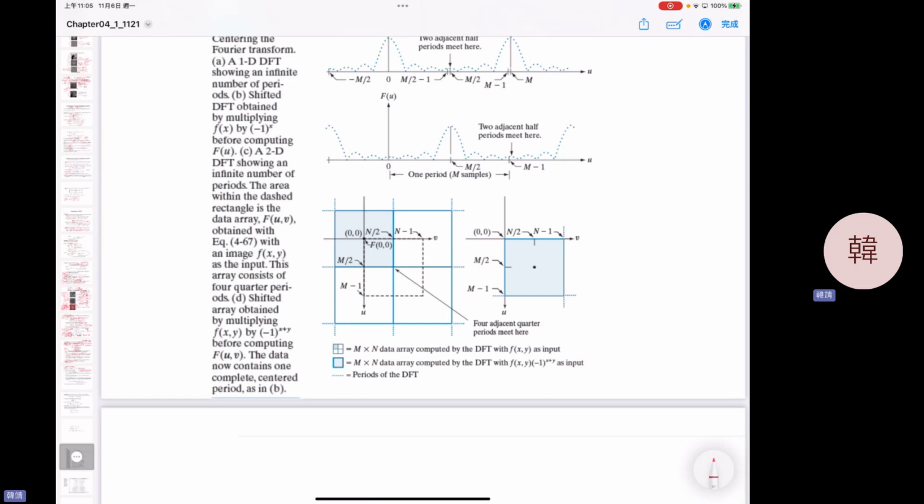You multiply by an exponential term depending on your shifting, times your F(u,v), and when you take the magnitude, it becomes 1. There's no effect at all.